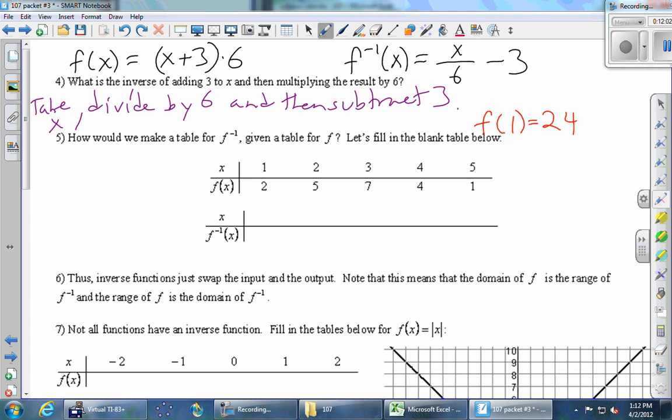We should plug the 24 in, right? If 1 goes to 24, then hopefully 24 comes back to 1. So f inverse of 24, let's see. 24 divided by 6 is 4. Subtract 3, 1. Did it work? Yeah, 1 went somewhere, went to 24, but who cares? We got back to 1 when we were done. These are inverse functions right here.